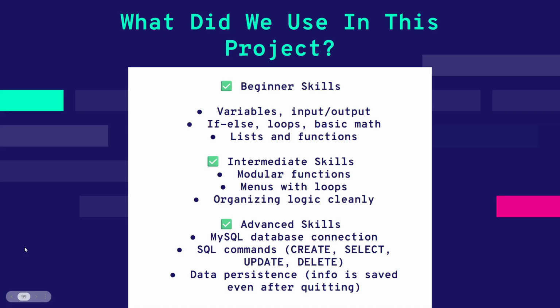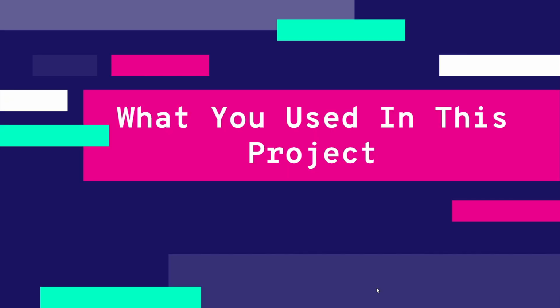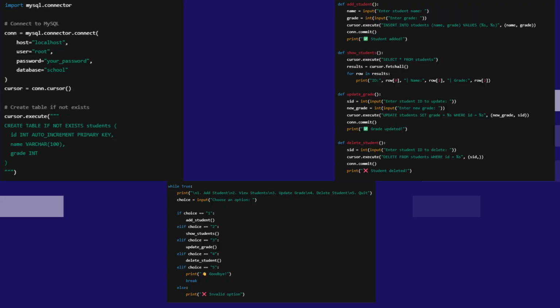Module menus with loops, organizing logic cleanly. And then advanced skills: MySQL database connection, SQL commands, and data persistence, which basically just means info saved even after you quit the application, which is the main reason for MySQL.